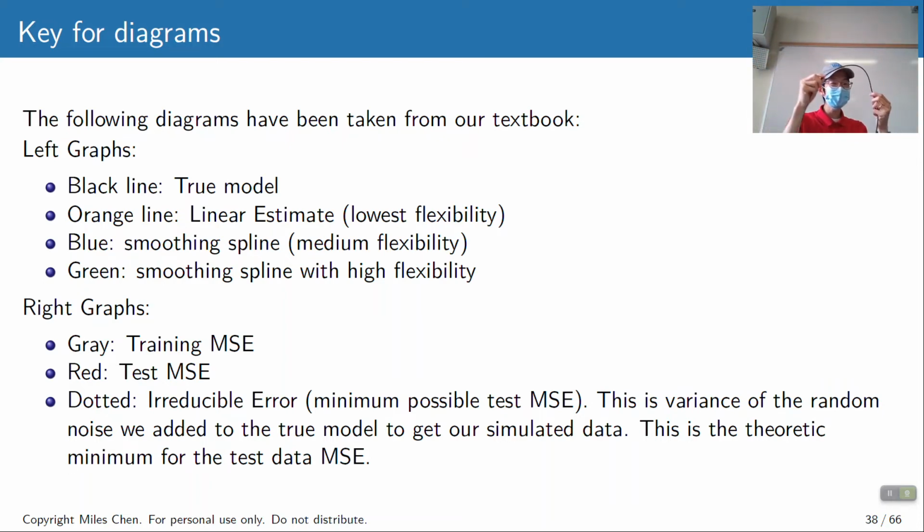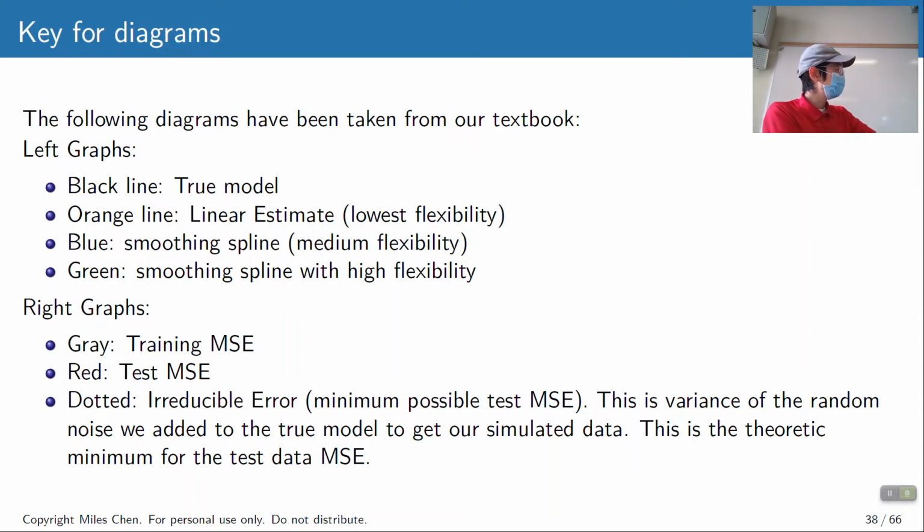The other is a smoothing spline that's almost like thread, and you can have really tight turns in it because it's more flexible. So the blue line is going to be a medium flexibility smoothing spline, and green is going to be very high flexibility.